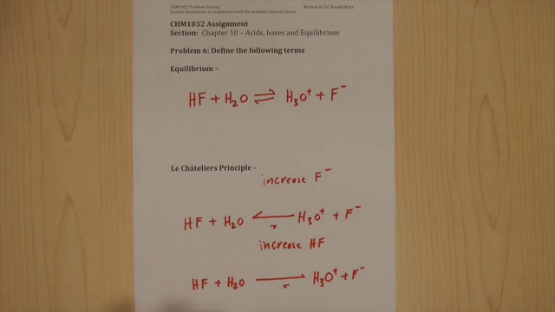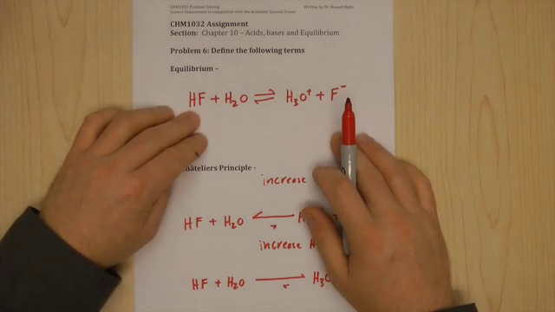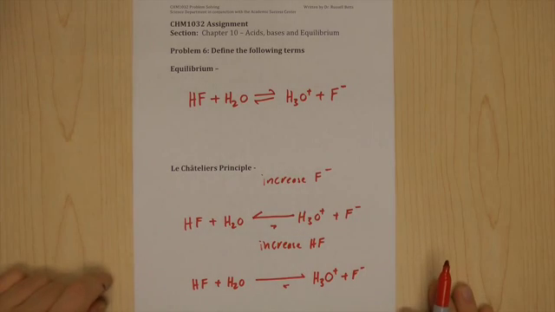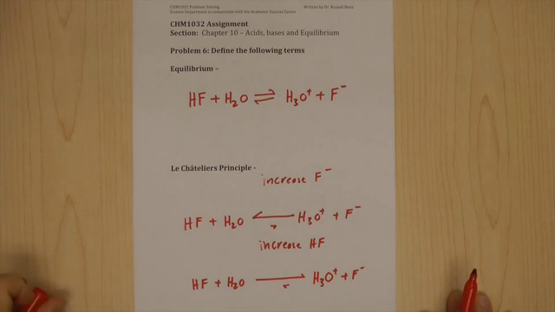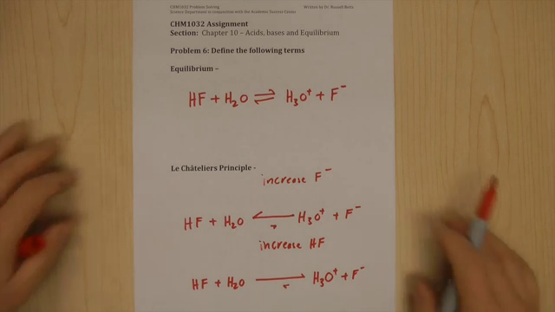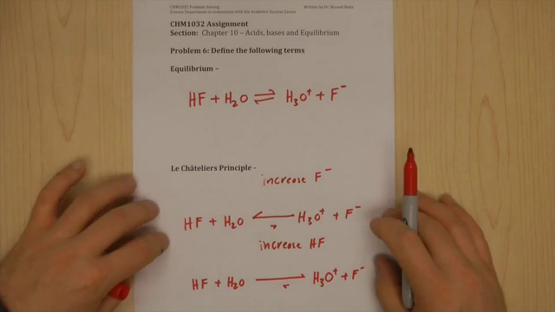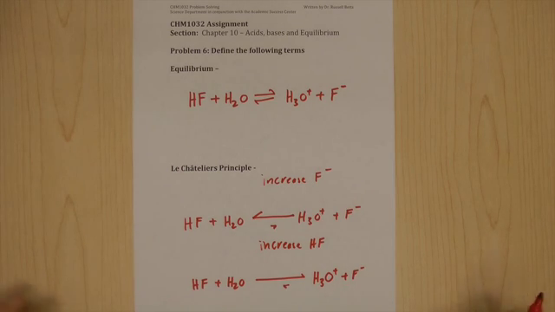Okay? Now, I used HF as my example. It doesn't have to be HF. It could be any molecule that's a weak acid or a weak electrolyte. It doesn't even have to be electrolytes. Pretty much any molecule can be in some kind of equilibrium. Equilibrium and Le Chatelier's principle explains a lot of physiology.